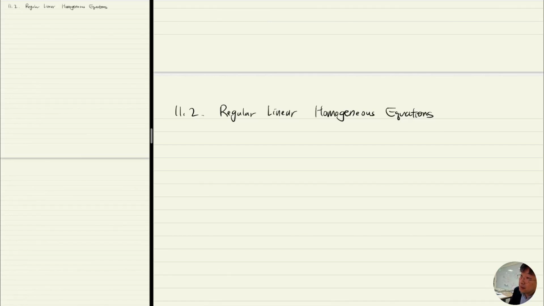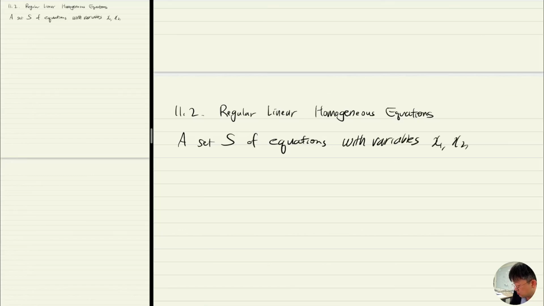Okay, let's say a set S of equations with the variables x1, x2 to xn is called regular.